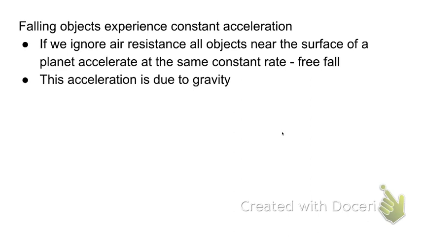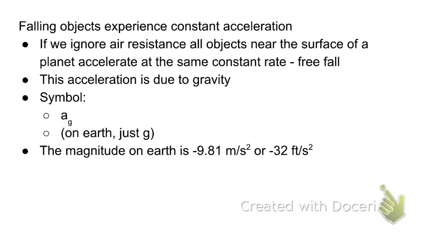This acceleration is due to the force of gravity. The symbol we use for it is a sub g, so the symbol for acceleration with a small subscript of the letter g. On Earth, though, we just often use the symbol g instead.